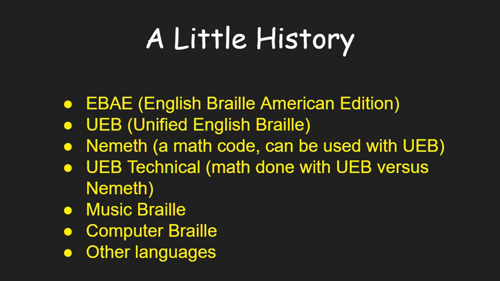So someone from Canada could go to the UK and use the same Braille. They're using the same exact Braille. So that sort of transfer of Braille code wasn't possible with EBAE, and there were also some kind of issues with the code itself in the US.